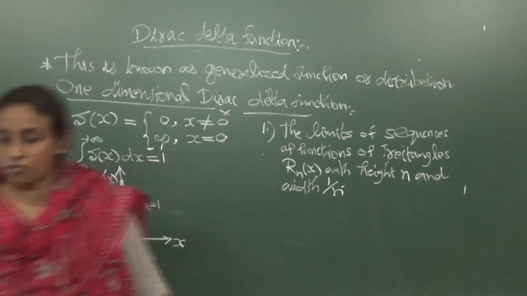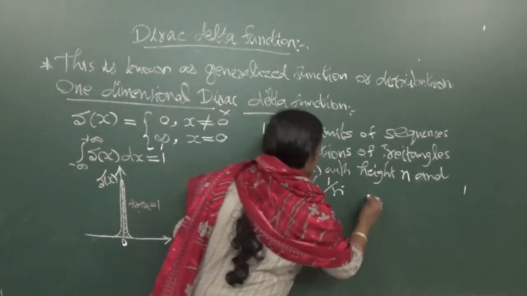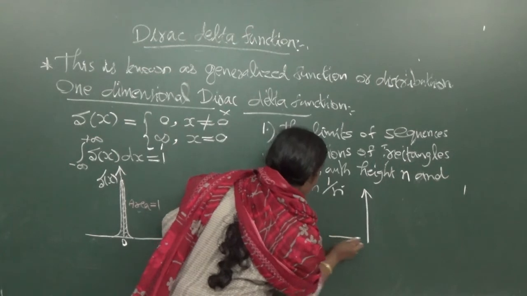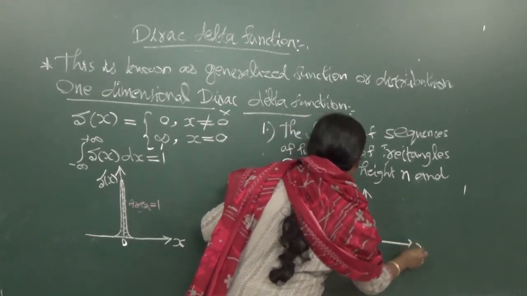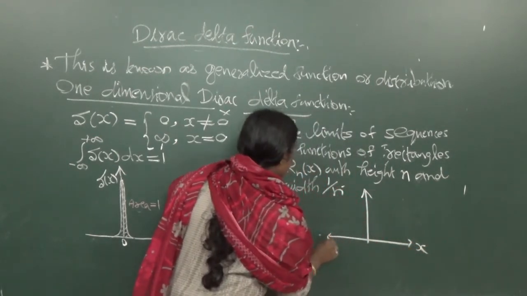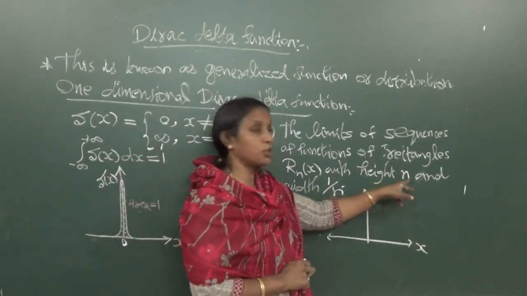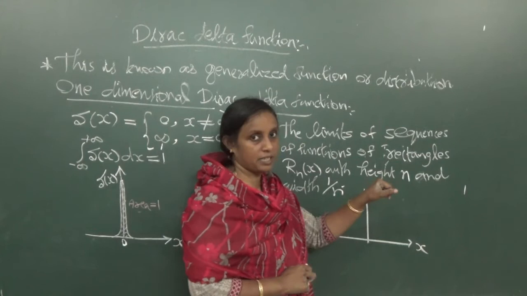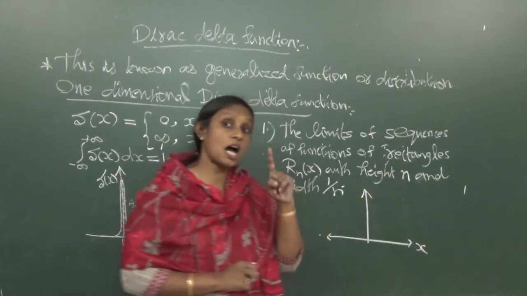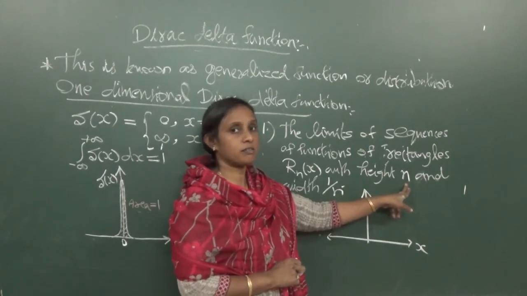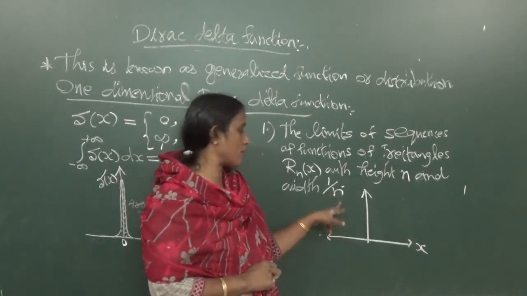I can draw the figure here. This is the x-axis. Now we can draw rectangular functions. The first one is r1 of x. For r1 of x, height is 1 and width is also 1 by 1.